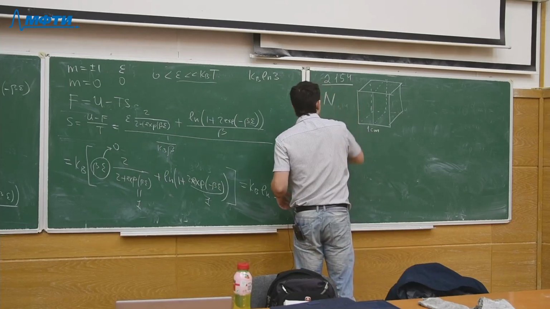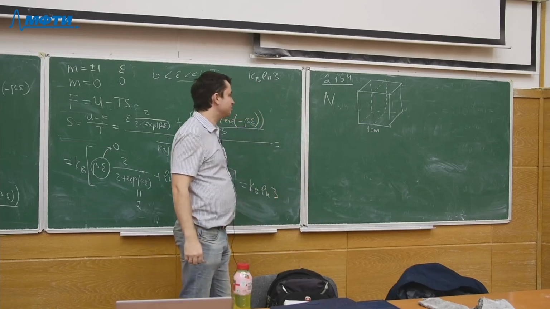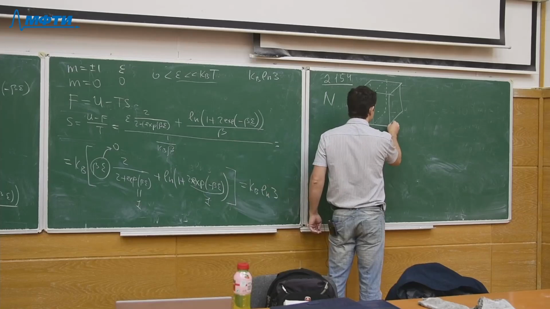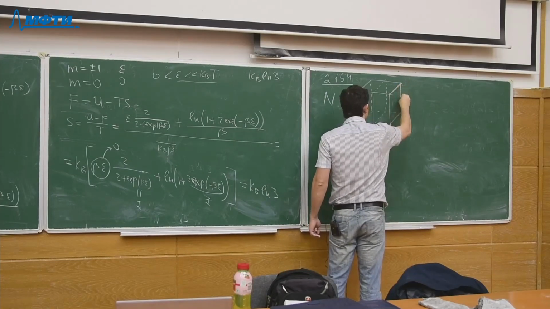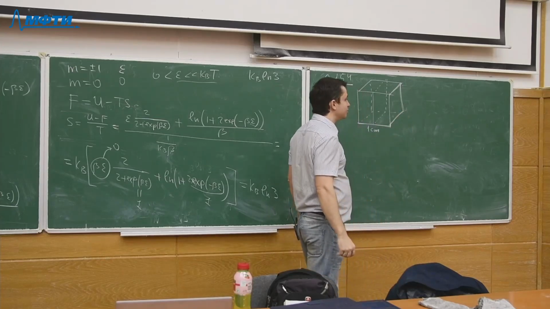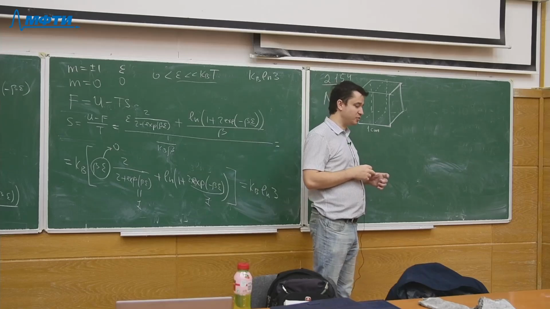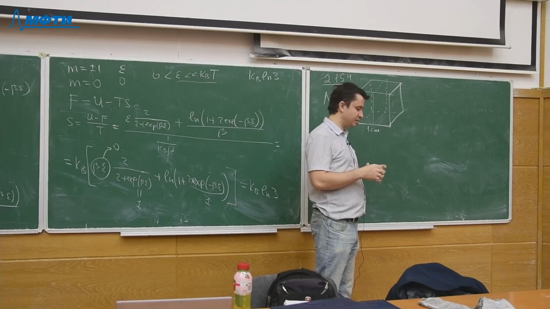Okay. So we need to remember something from combinatorics when we do this. From combinatorics, the part which allows you to distribute all of the atoms or the molecules in different boxes.